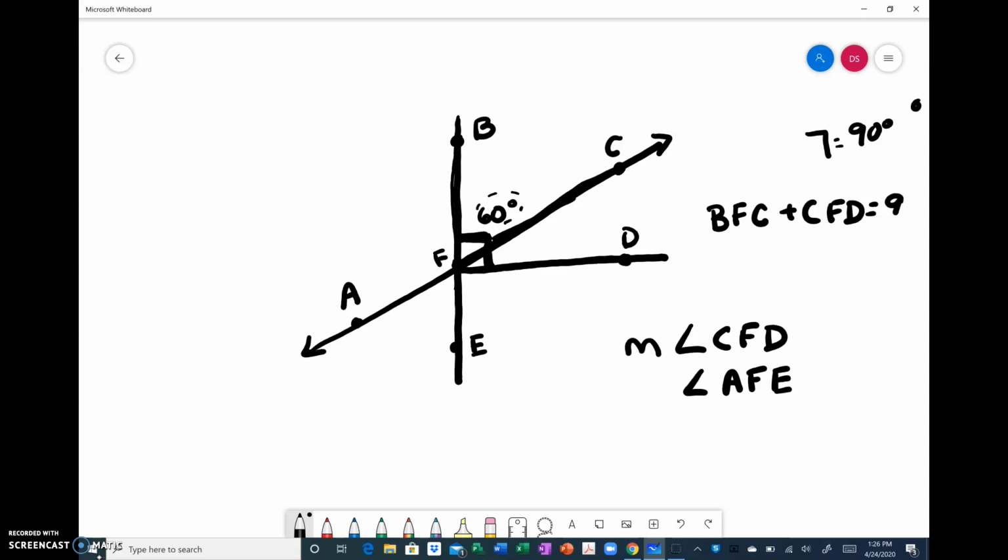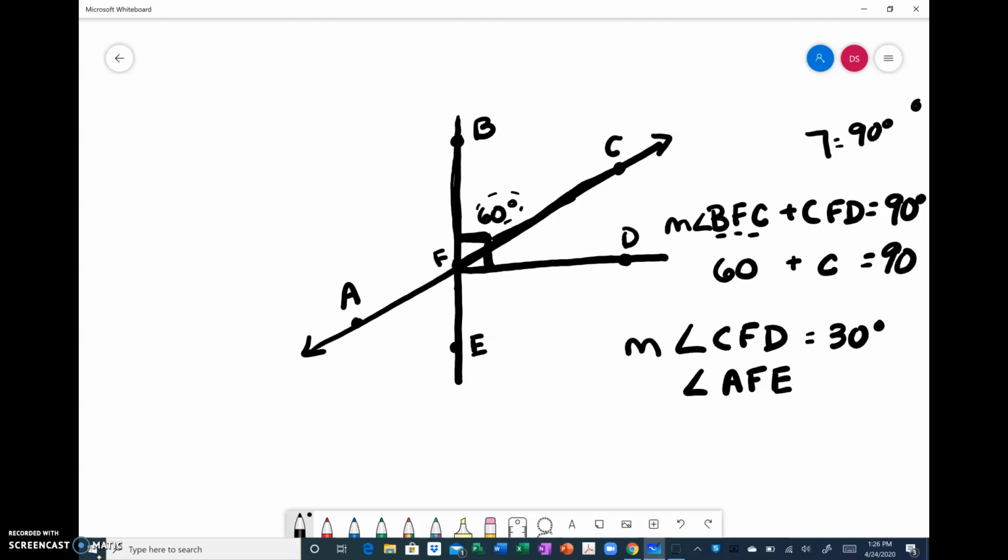You have to know that, okay? So I'm just going to plug in what I know. I know that the measure of angle BFC is 60. I do not know the measure of CFD. That's what I'm trying to solve. But I know that when I put them together, I'm going to get 90. So you should see that that makes CFD have to be 30 degrees.